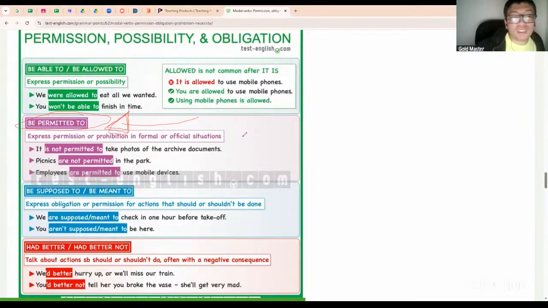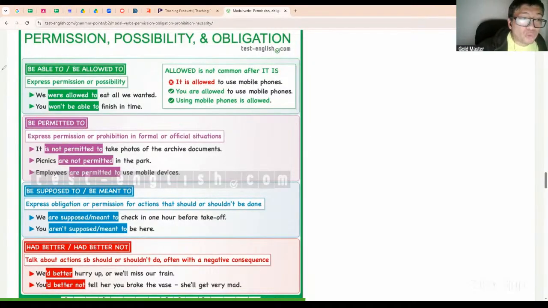Picnics are not permitted in the park. Employees are permitted to use mobile devices. Devices, you know, devices.